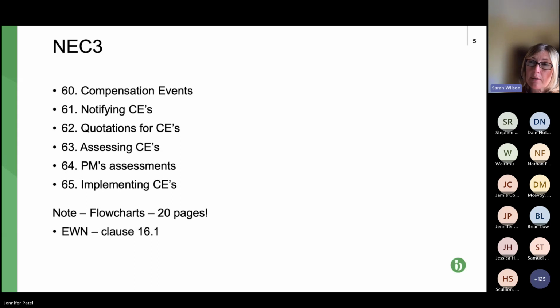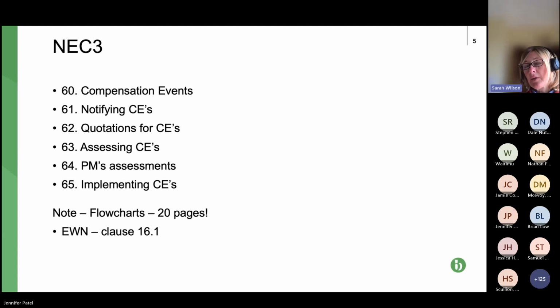So for the contractor to succeed in a claim, it has got to show that the conditions that have been encountered are within the site that it's working on, and that they're such that the contractor wouldn't reasonably have priced for them.